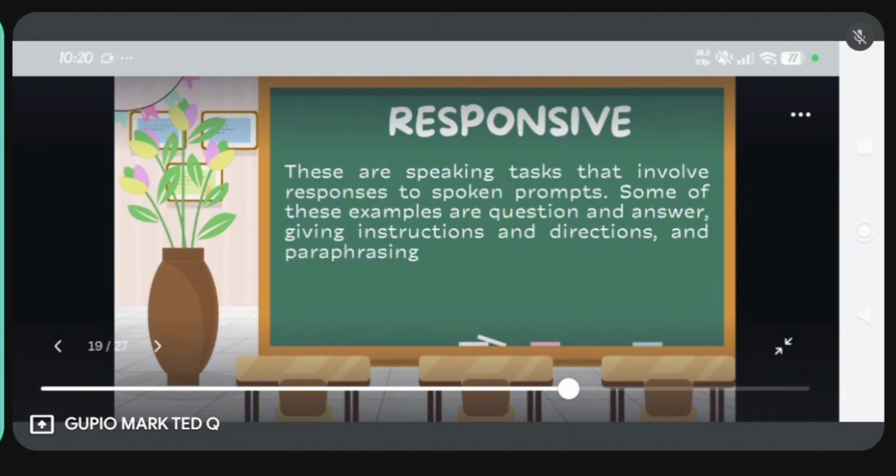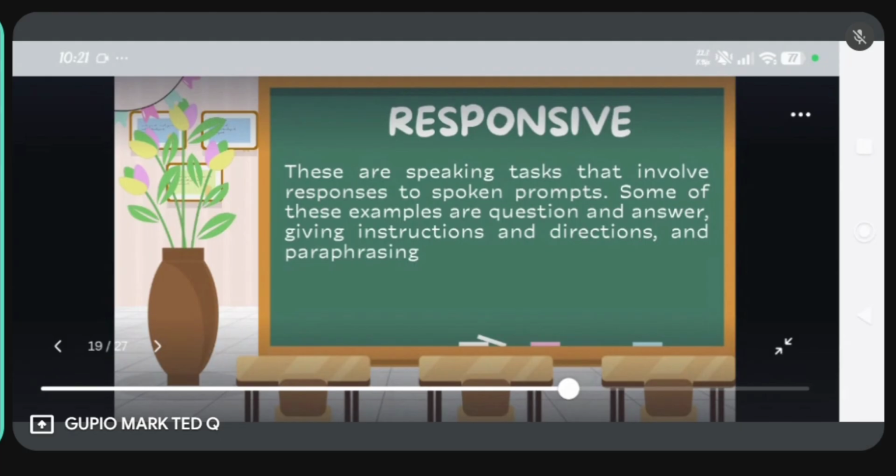The purpose of responsive speaking tasks and assessments is to measure the teacher's comprehension of the students in terms of language production. This task helps teachers see if students can process a question and provide an appropriate answer. It also reduces pressure on learners because the answers are short and focused.